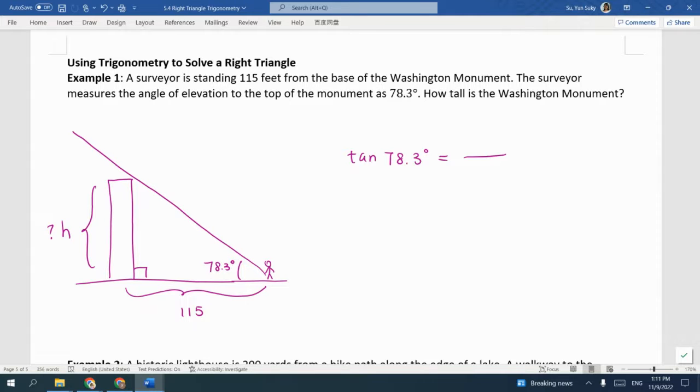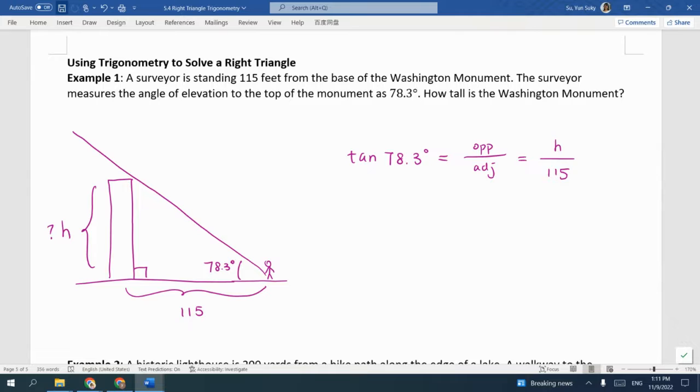So tangent is the opposite over adjacent. Opposite over adjacent. What's opposite? H. Adjacent? 115. Can we find H?